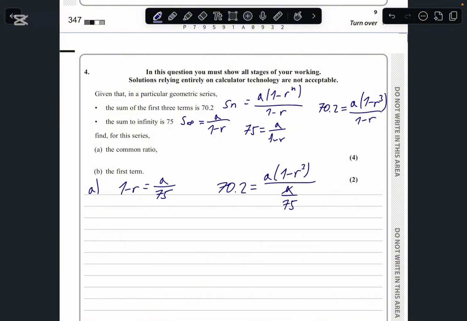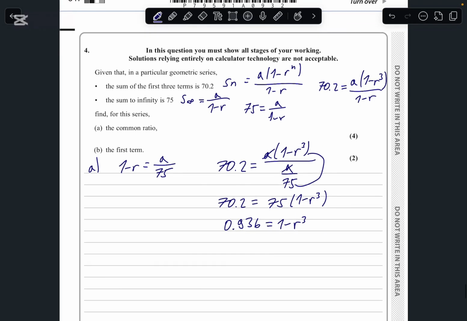Now, these two cancel out, and these two will be multiplied. So 70.2 is equal to 75 times 1 minus r cubed. If we leave 1 minus r cubed by itself, we will divide everything by 75, and that will give us an answer of 0.936 is equal to 1 minus r cubed.